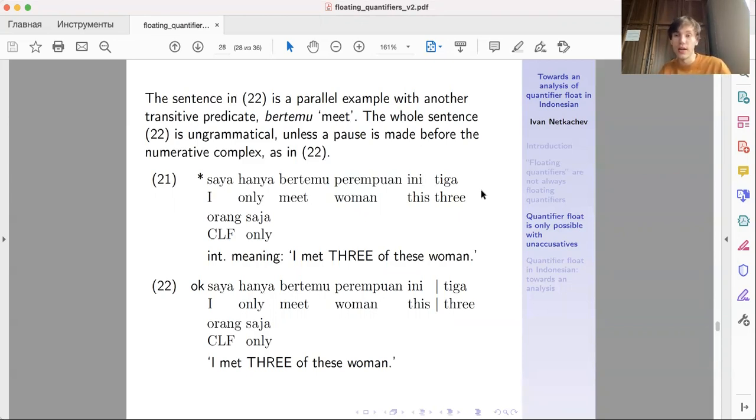So no NP modifiers can occur after that, and tiga orang cannot be a floating quantifier in this case, because this predicate is transitive. You can make a pause before the quantifier, as in 22, and the sentence becomes perfectly okay. But without this pause or a comma, this is not grammatical.